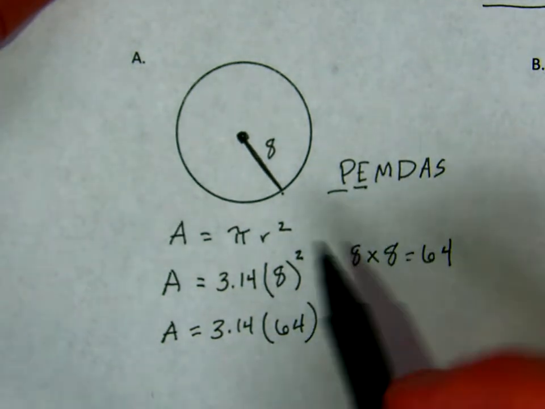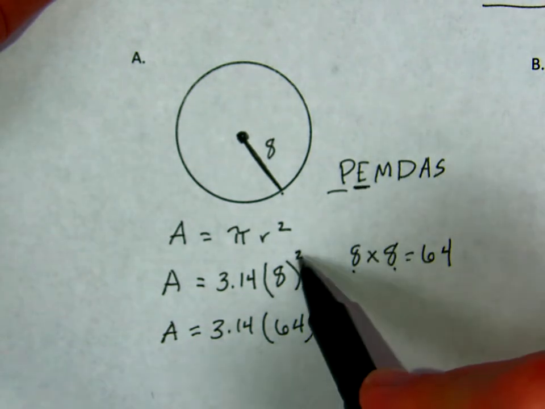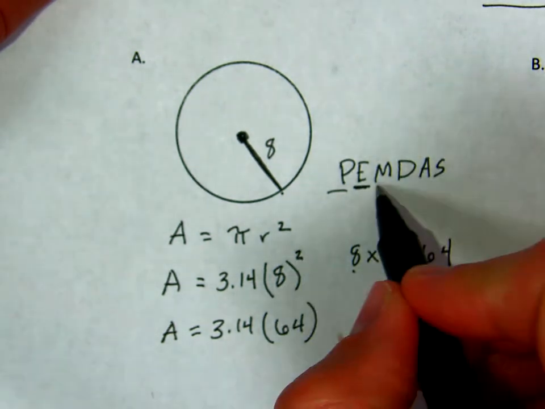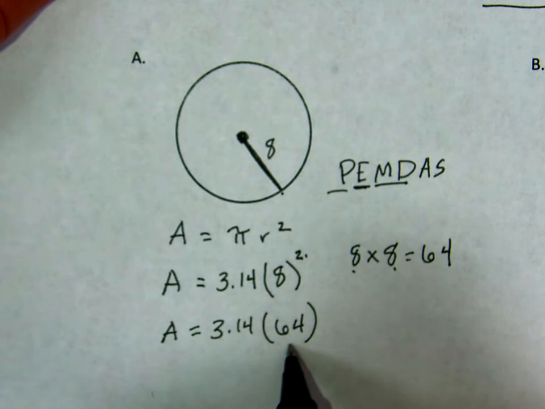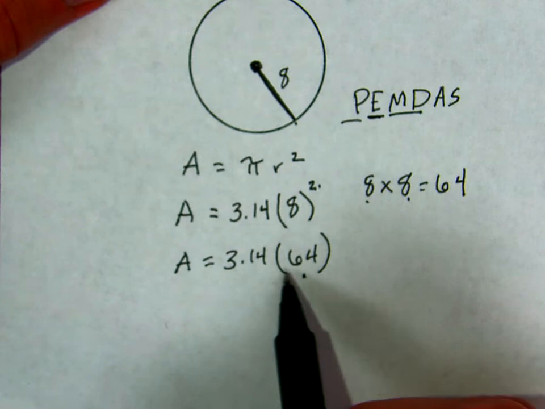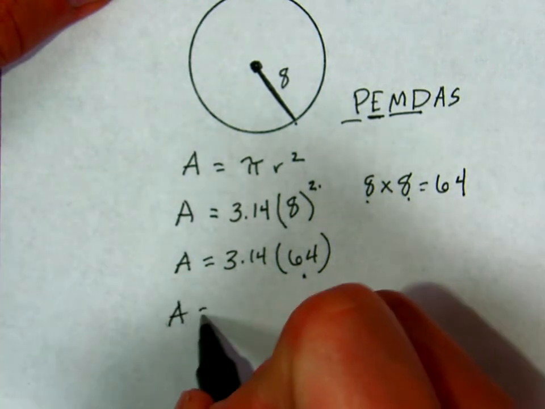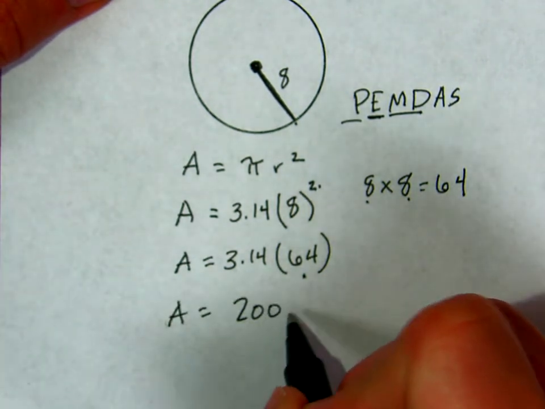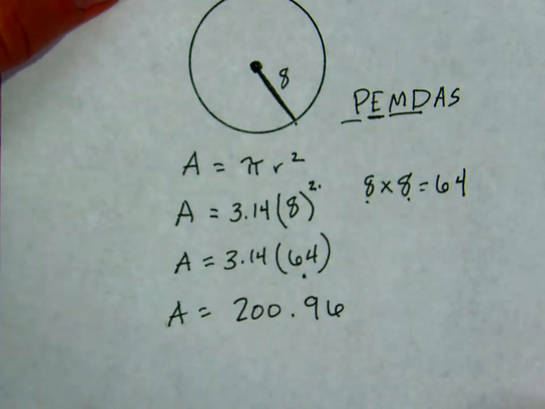That squared told us to multiply 8 times 8, so exponents there. Do that first, and then we multiply or divide. So we took care of that exponent, we reduced it to 64. Now it's pi, or 3.14 times 64. And with that we get 200.96, or 96 hundredths.